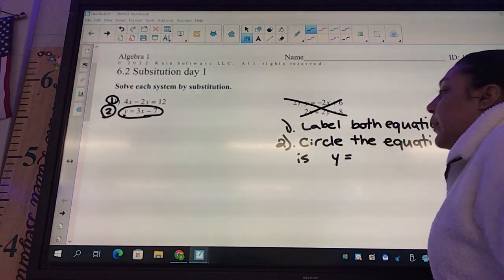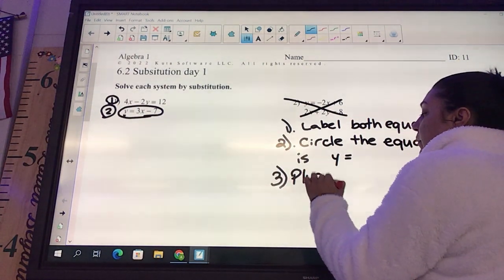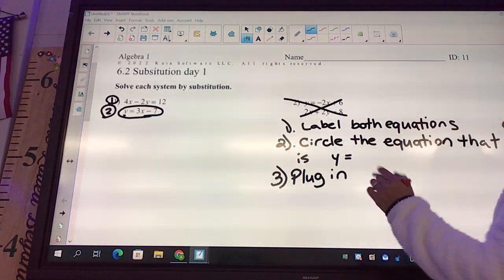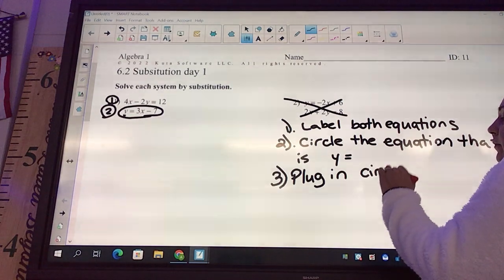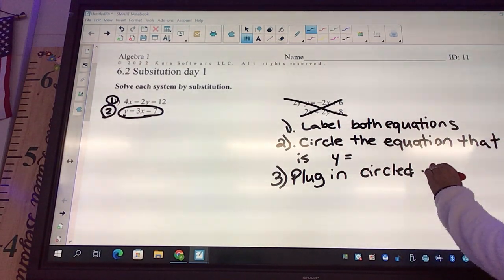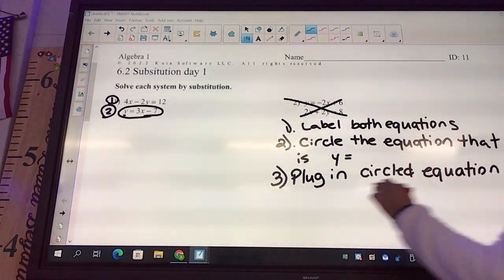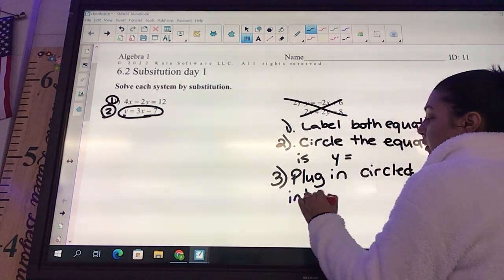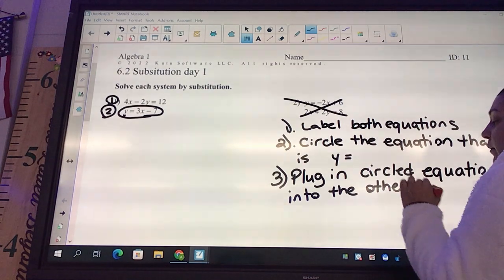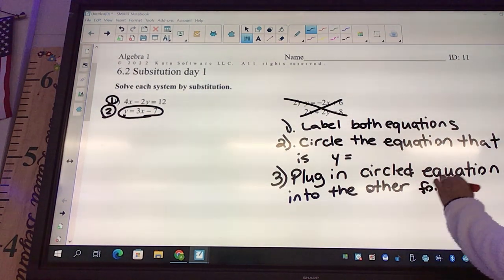And so step 3 is to plug in the circled equation into the other, for the y.